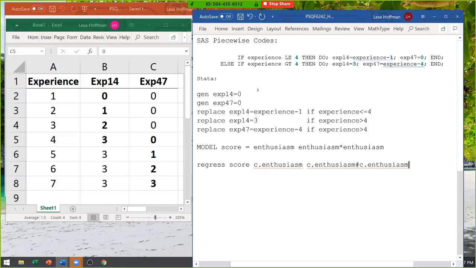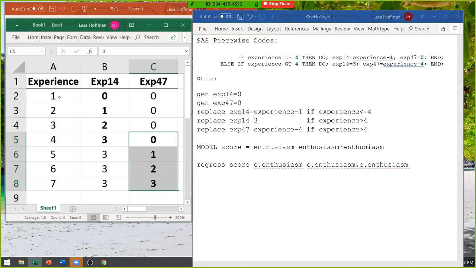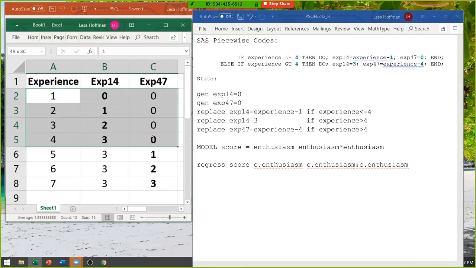So this is what it's going to look like as implemented inside SAS or Stata. So in SAS, I have two different commands that are going to do all of the coding for me. If experience is less than or equal to 4, so I'm going to tackle this part first.